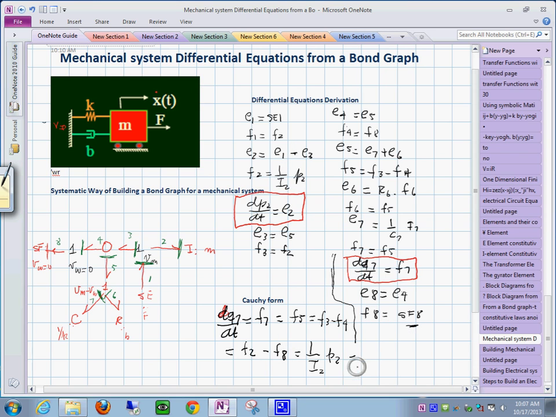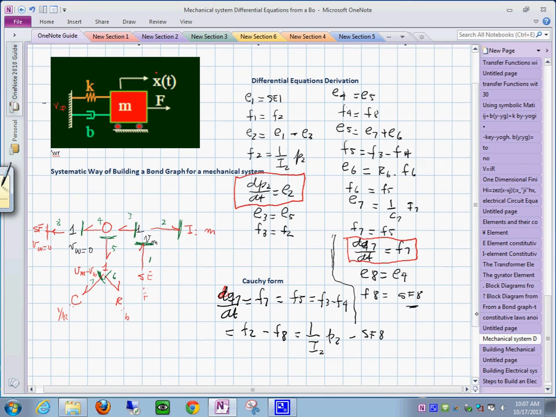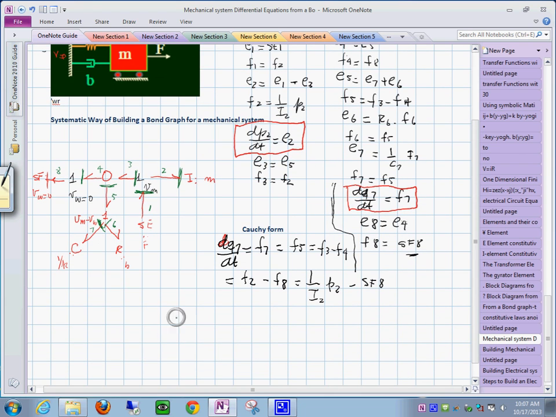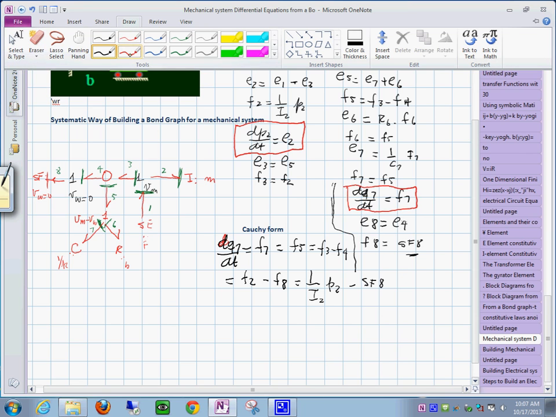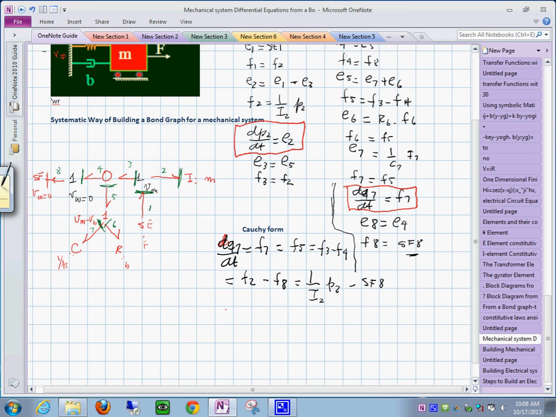What's f8? It's SF8. So this equation that I just got, I'm going to use the red color to emphasize: dq sub 7/dt is equal to 1 over I sub 2 p sub 2 minus SF8. This equation is in the Cauchy form.